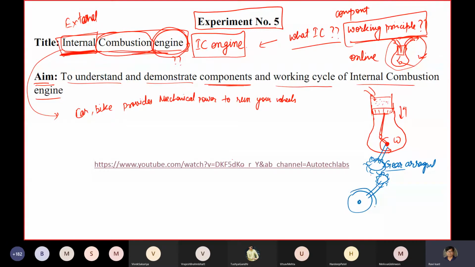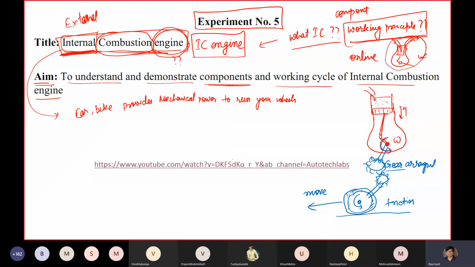This is your wheel, and because this has some power and this is being transmitted to the wheel, the wheel is going to be rotated, and once it rotates, because of the friction on the road and your wheel tires, your car is going to move forward.